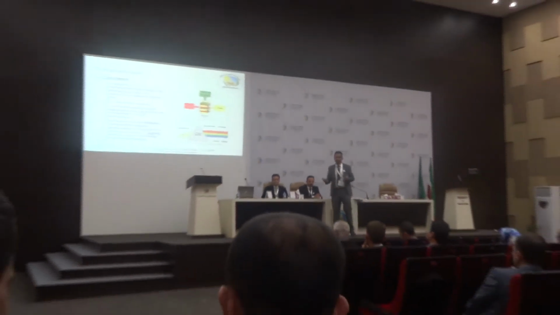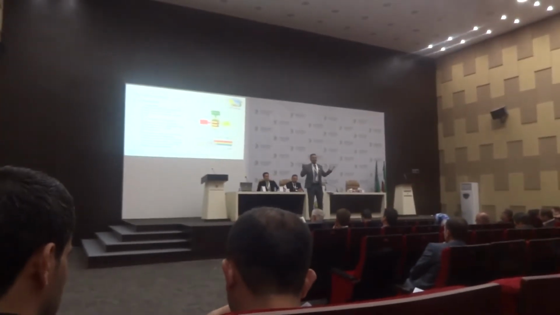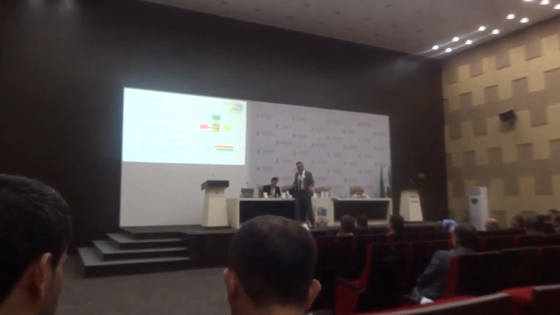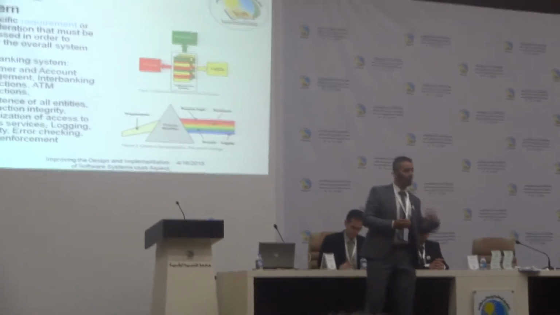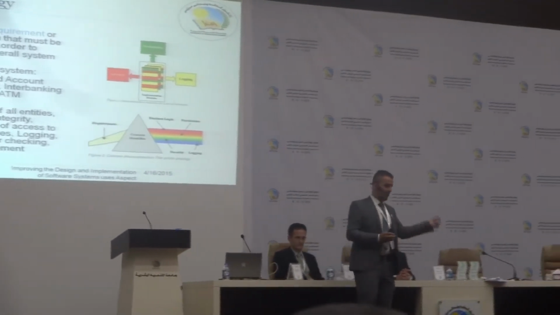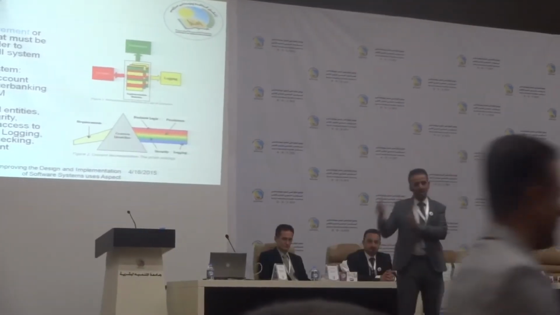So what's a concern? You may ask, what is the concern? As we can see here from these diagrams, a concern is a specific requirement, for example, logging in the system. Logging is used in a huge system. For example, anyone who needs to log in to the system, anywhere, in any situation, needs login and authentication.